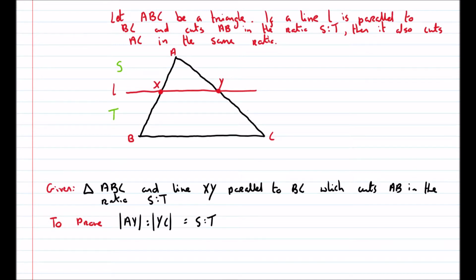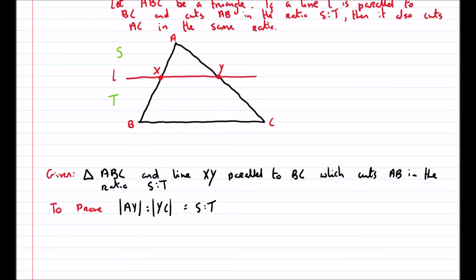And what do I want to prove? I want to prove that AY, so here, is in the same ratio, also the same ratio S:T. Okay, so what do we do?